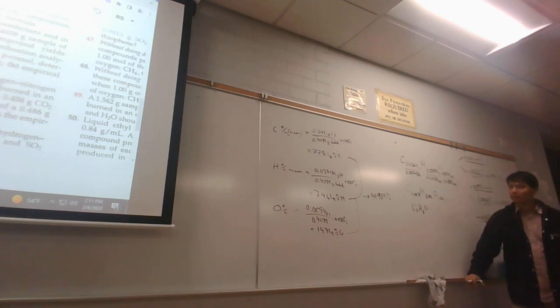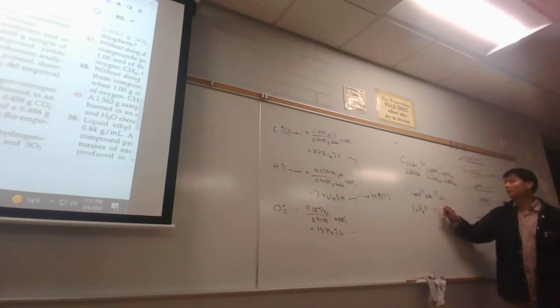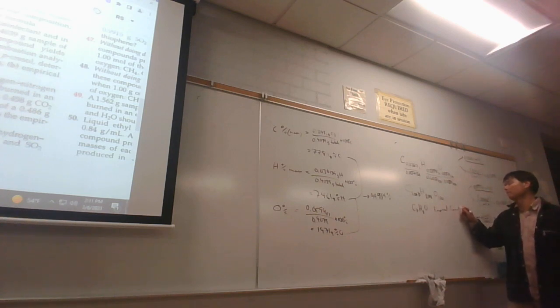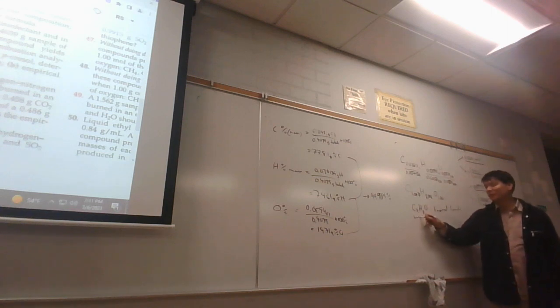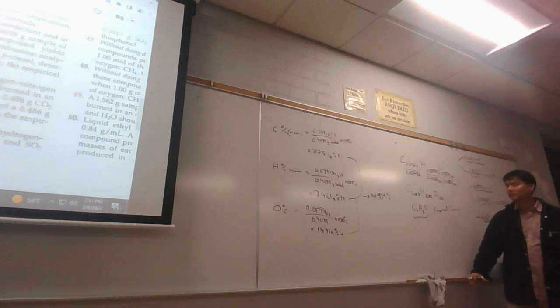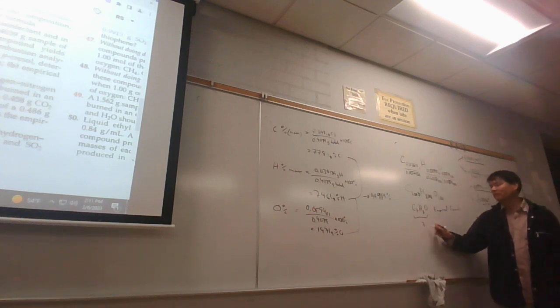Now we compare the mass to what they give us. This is the empirical formula, the simplest whole number ratio. What I do is calculate the mass of the empirical unit. How much does the empirical unit weigh? I have 7 carbons.